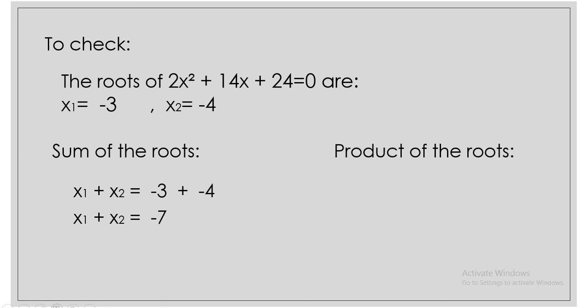While for the product of the roots, you used c over a earlier, but this time we will use the real roots. So x sub 1 times x sub 2 is equal to negative 3 times negative 4. So negative times negative is positive. So x sub 1 times x sub 2 is equal to 12. So this is also the same as the solution earlier when you used c over a for the product of the roots.